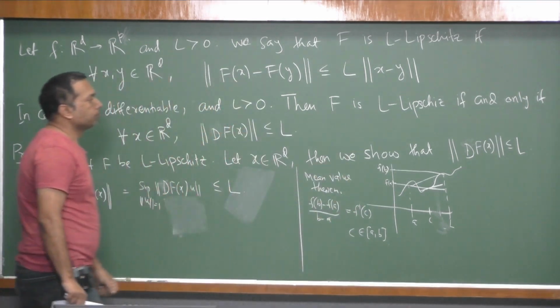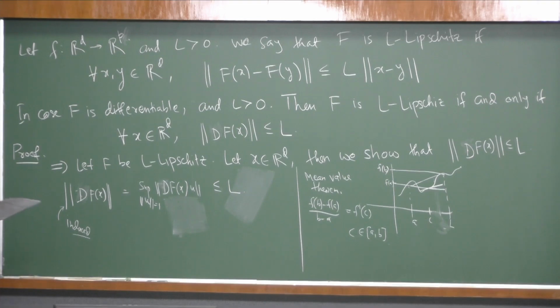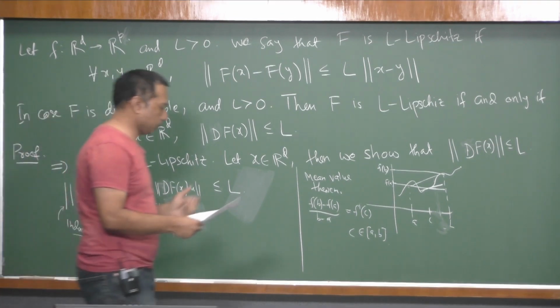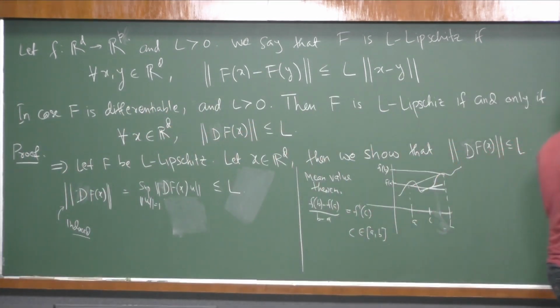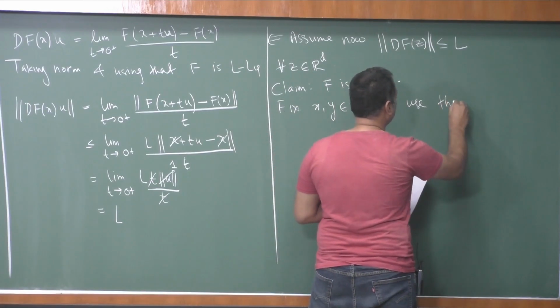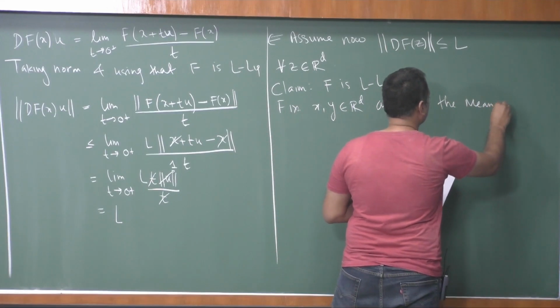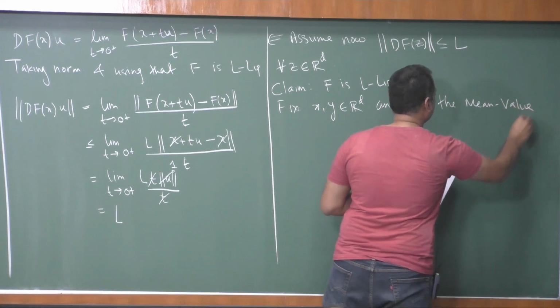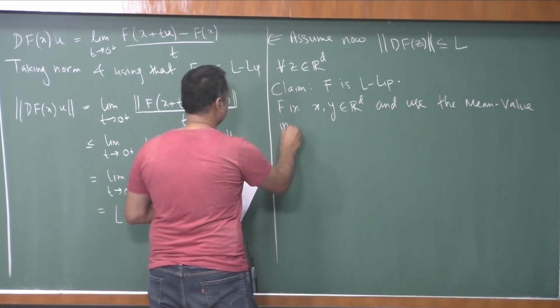This is something I'm going to use now. I'm not going to go through the proof of this generic result, but there is a reference. I will give it as an exercise for you to check the proof. So we will use the mean value inequality.